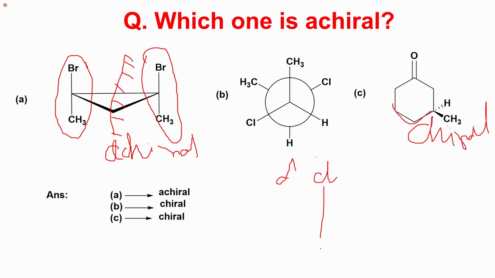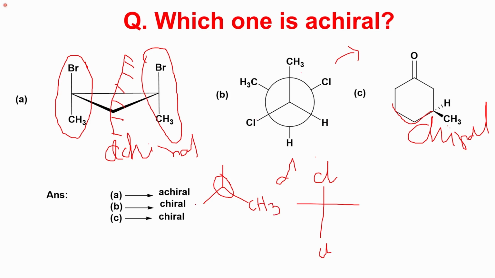Chlorine and chlorine. Okay. Now the first chlorine, what will happen? Just rotate this one. If I rotate it in this way for better imagination, chlorine will come here, CH3 will come here, hydrogen will come here. Now CH3 will come here.